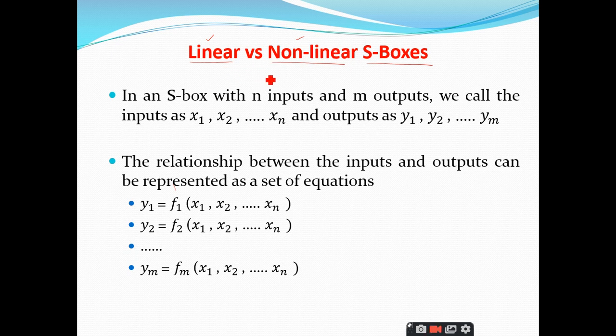So in an S box with n inputs, listen carefully, how many inputs are there? N inputs, and we have m outputs. So if you consider an n cross m S box, where n is the number of inputs and m is the number of outputs, we call the inputs x1, x2, and so on up to xn.